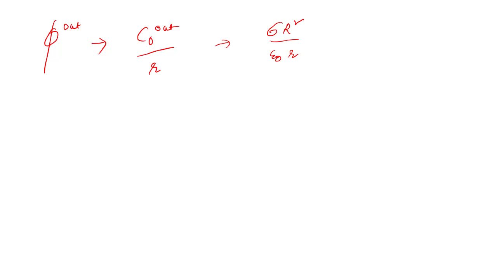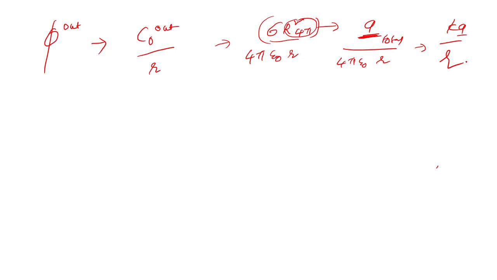So if I multiply by 4 pi here and 4 pi here, this gives me the total charge because sigma is only on the surface. So then I get the total charge because this is the surface area and this is 4 pi epsilon naught R. So this is kq by R.